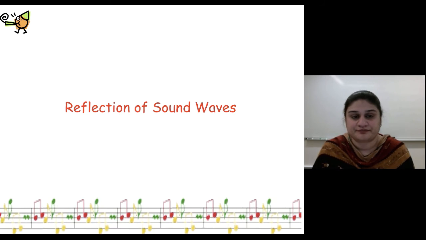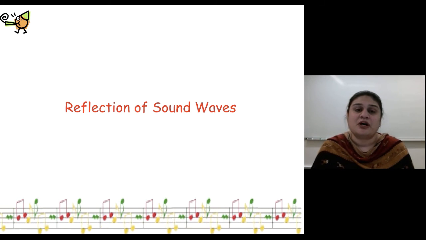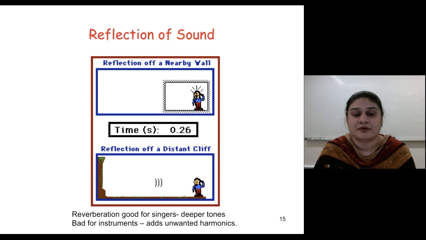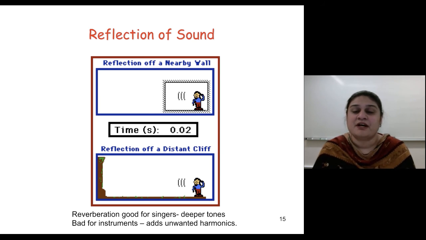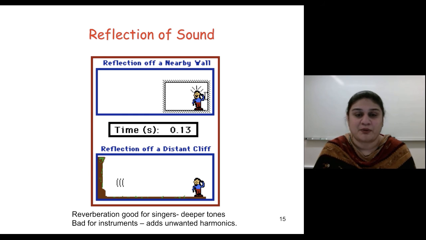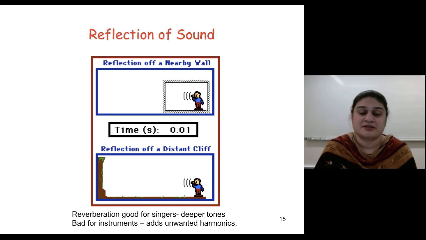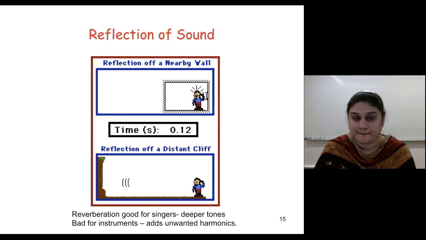When we talk about sound waves, the reflection of a sound wave is also called an echo, as shown in this animation. If the reflection is off a nearby wall, it is called a reverberation. If it is from a faraway wall or a faraway distance, we call it an echo.